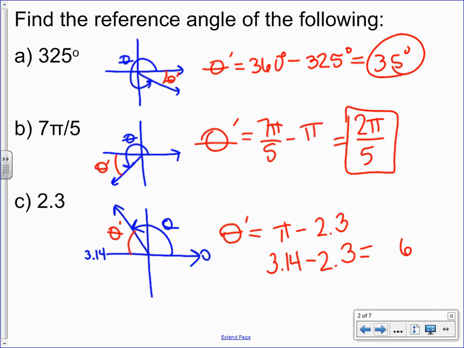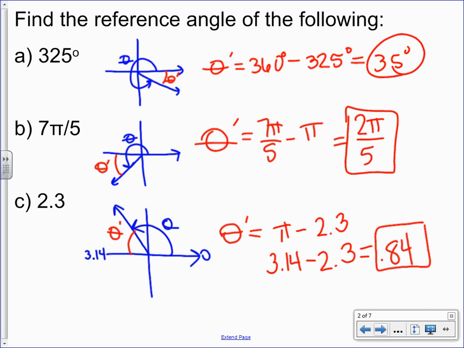Should there be a 6? 0.84? What am I thinking? Oh, I was adding the wrong number. Sorry. I was looking at the wrong numbers. Don't listen to me.